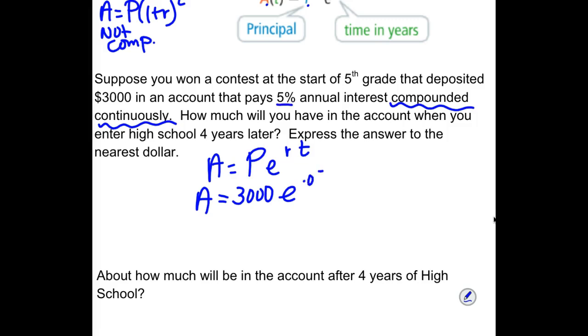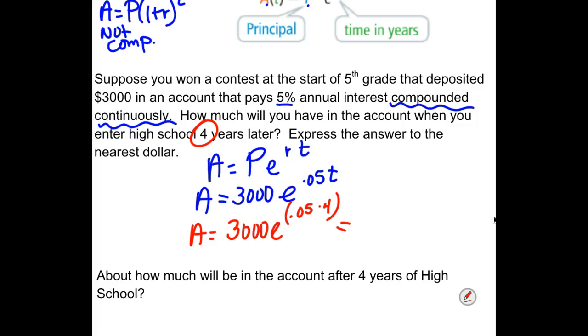Okay, so 0.05, and I'm going to put a t in there because that's the model. Remember we talked last week about needing a model first. Now use that model to figure out how much we're going to have after 4 years. Okay, so A would equal 3,000 e to the 0.05 times 4.